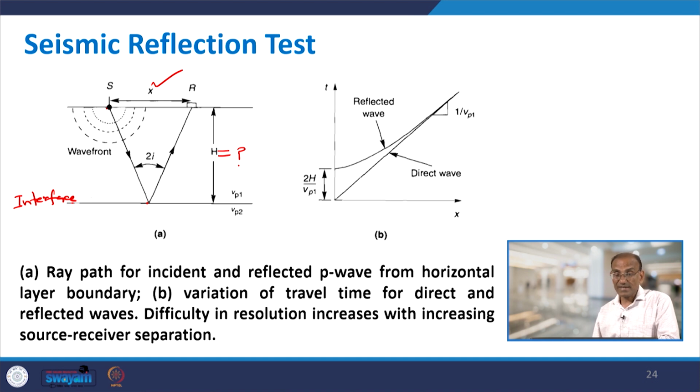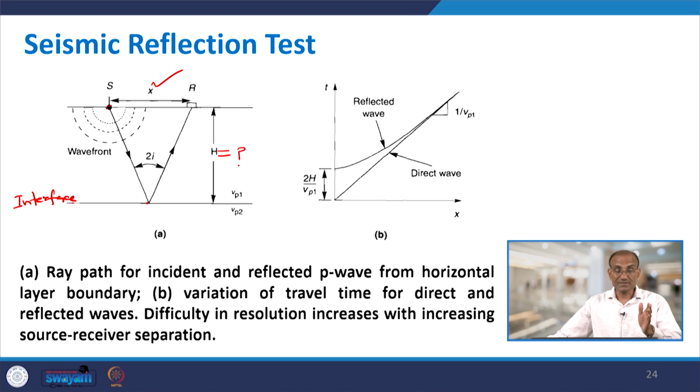Now, here x, the distance between source and receiver, is known. So, R will receive the wave from two paths, one called the direct wave and another called the reflected wave. The direct wave is the wave which comes directly from S to R without detouring.